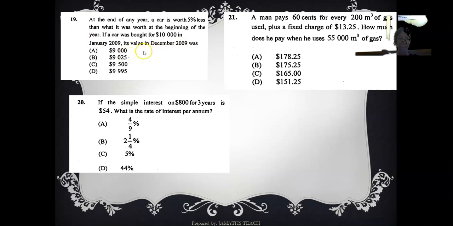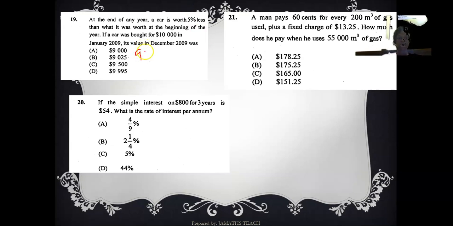So what I would do, because the numbers are easy to work with, I don't have to find 5% and then subtract that. I can go ahead and subtract the 5% from 100%, get 95%, and find that amount.